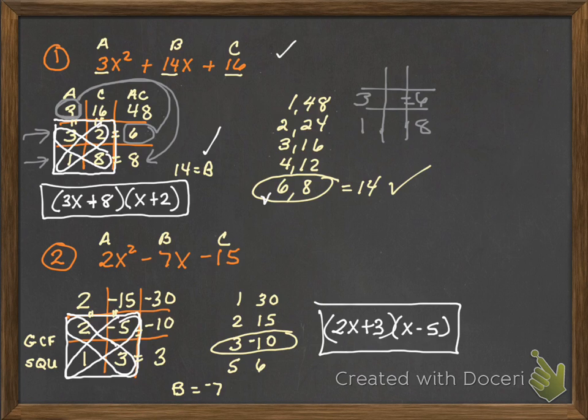And all of these, all the way around, always make magic squares. And you're asking yourself, what times 3 is 6? 2. What times 1 is 8? 8. And those will be the greatest common factor between 16 and 6 and 16 and 8.